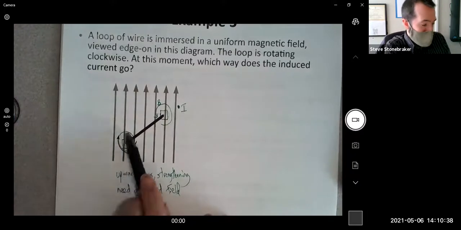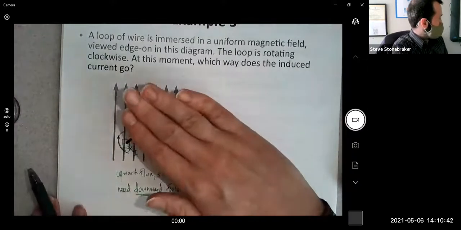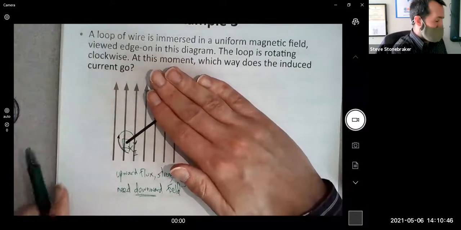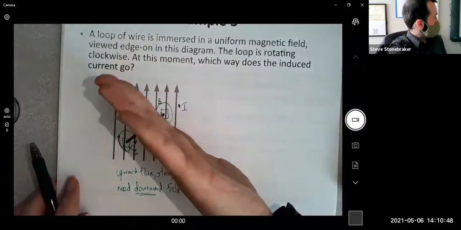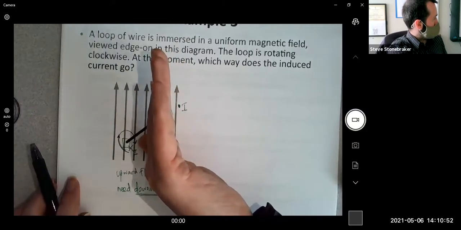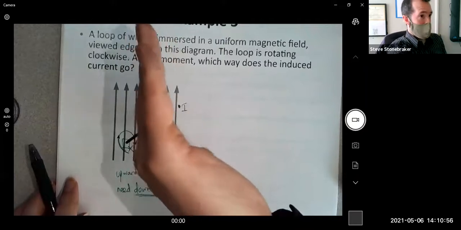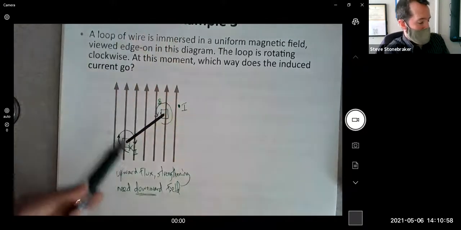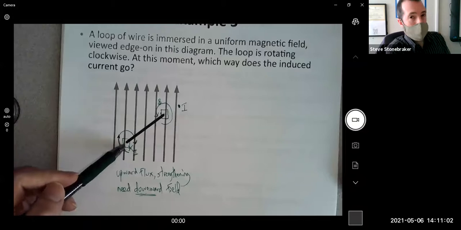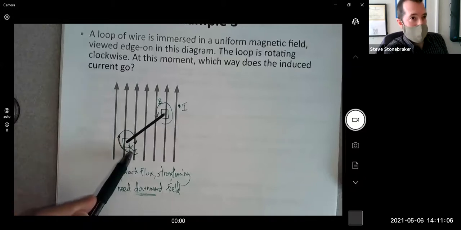So if I want to know about the force, start with my hand that way. The magnetic field goes up. So I'm going to have to turn my wrist like this so that I can make my fingers for the field go up. And once I've done that, my thumb is pointing into the paper. So the force exerted on particles right here is into the paper, and therefore the current flows in that direction.